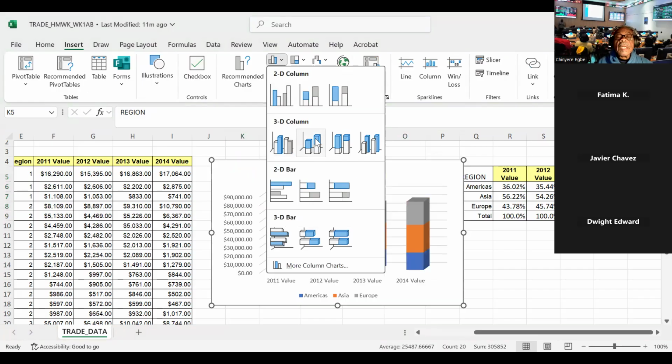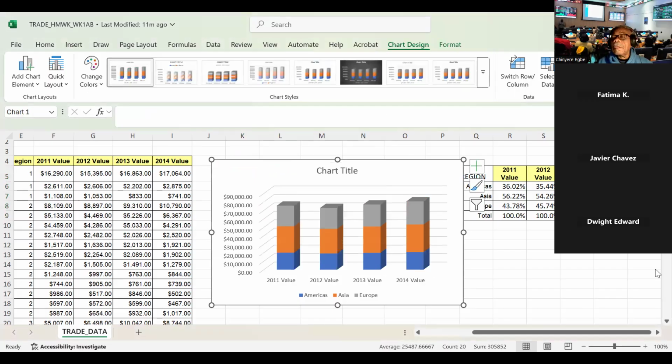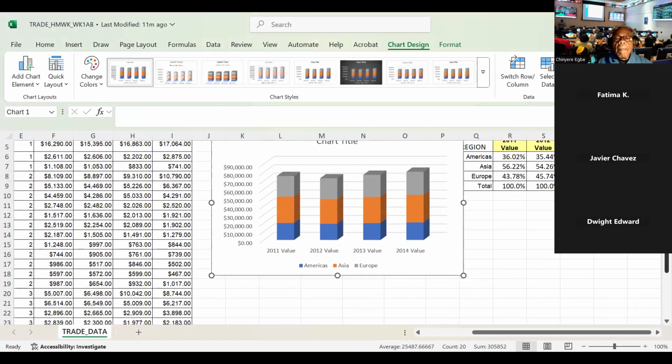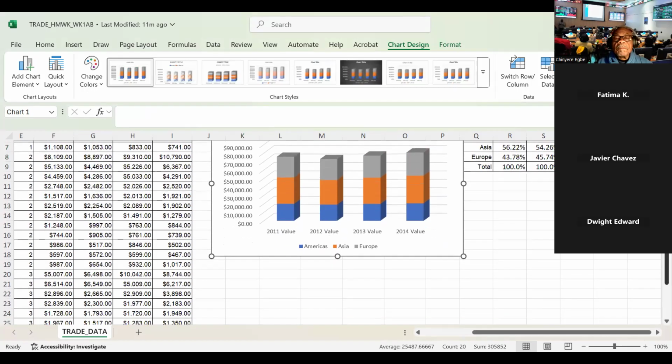I prefer stacked chart. And you click on this chart. Okay. Americas, Asia, and Europe. Then you move the chart. I like to move chart. Okay. I move the chart.